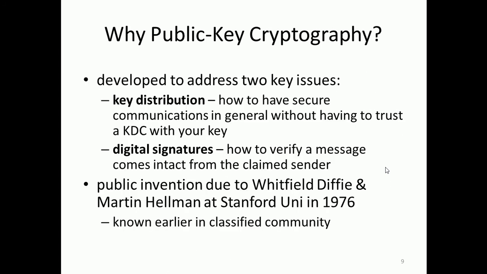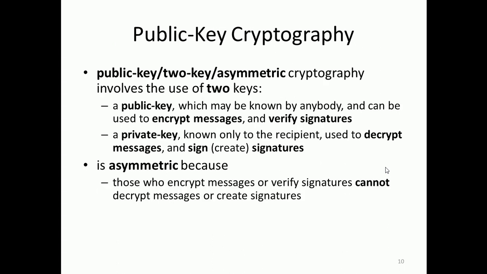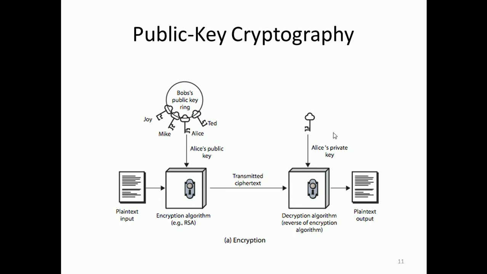Some very common algorithms in this class are RSA and the Diffie-Hellman algorithm. So if you look, this is Bob's public key ring that contains a number of public keys.